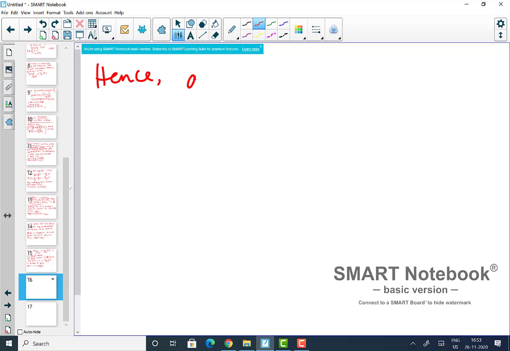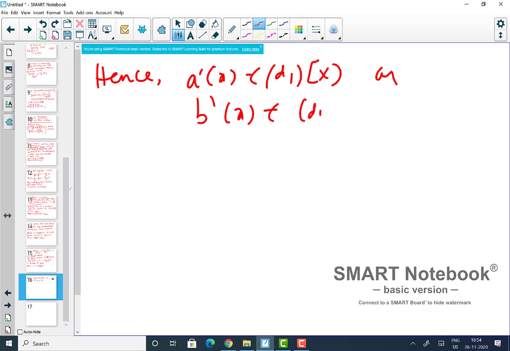Hence either this belongs to the ideal generated by this, or b dash x, right? What does that mean? That means either D1 divides all the coefficients of a dash, or D1 divides all the coefficients of b dash, right?